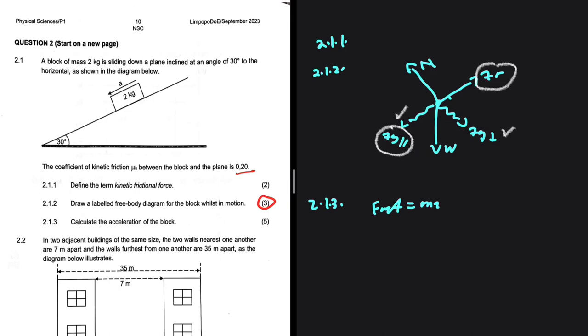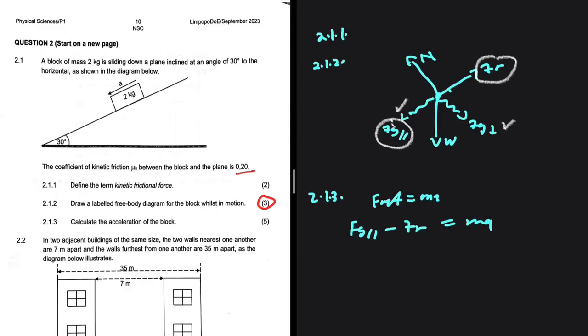Right, so how do we then set up our equation? What you want to say here is that the force pulling the object minus all the forces that are opposing. As you can see, the object is going down the incline. This is because of FG parallel, and then the force that is opposing is the frictional force. So we're going to say FG parallel minus frictional force is equal to MA.